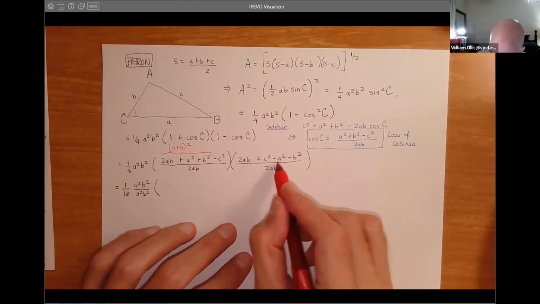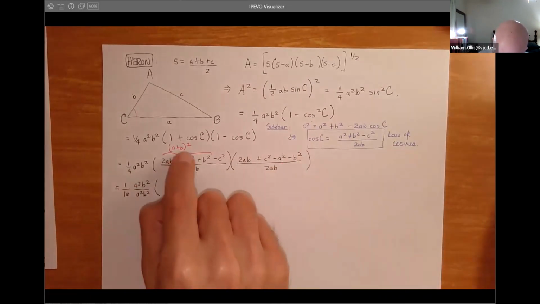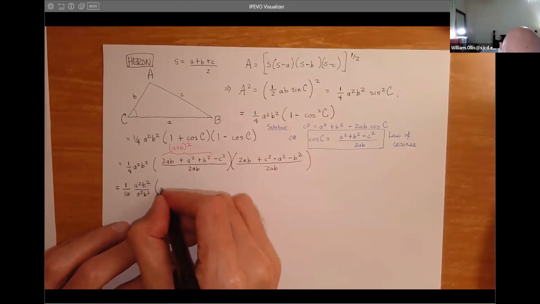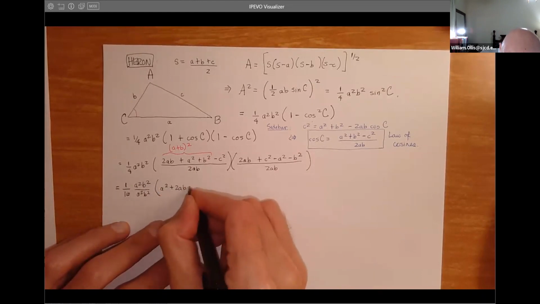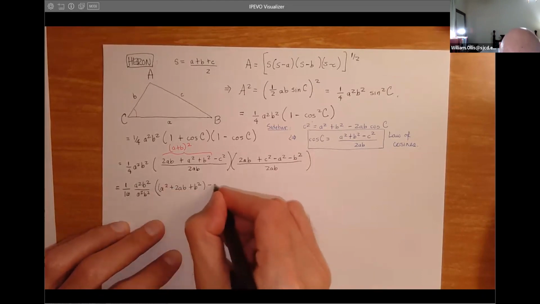So I'm going to have to do a little bit more surgery on that. So I'm going to wait to write that down, but I'm reminding you what we're going to have here. So go ahead and write this in the correct order. So we're going to get A squared plus 2AB plus B squared, kind of section that off, minus C squared right there.